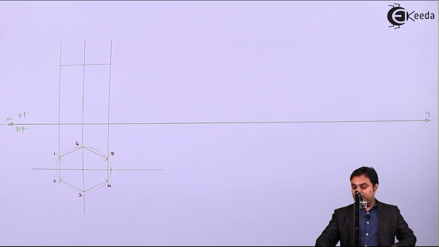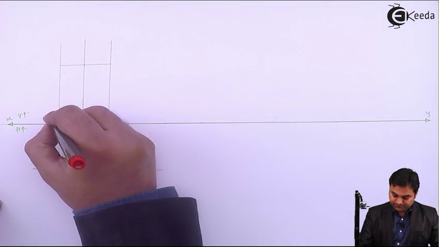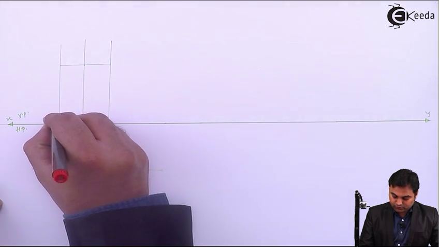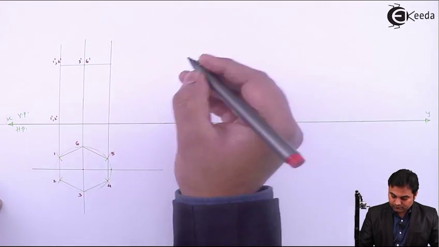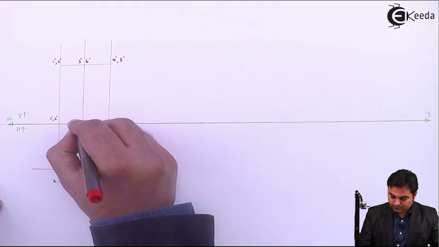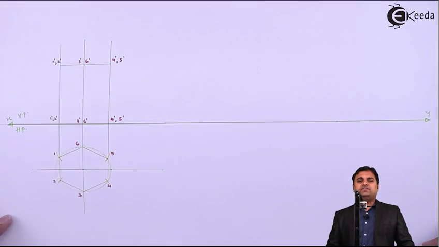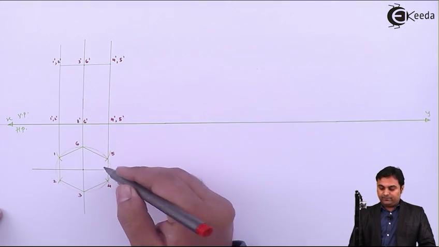This is the height of the hexagonal prism, giving it the notations. Here we have points 1 dash, 2 dash. So this is a hexagonal prism resting on an edge, that is edge 4, 5.